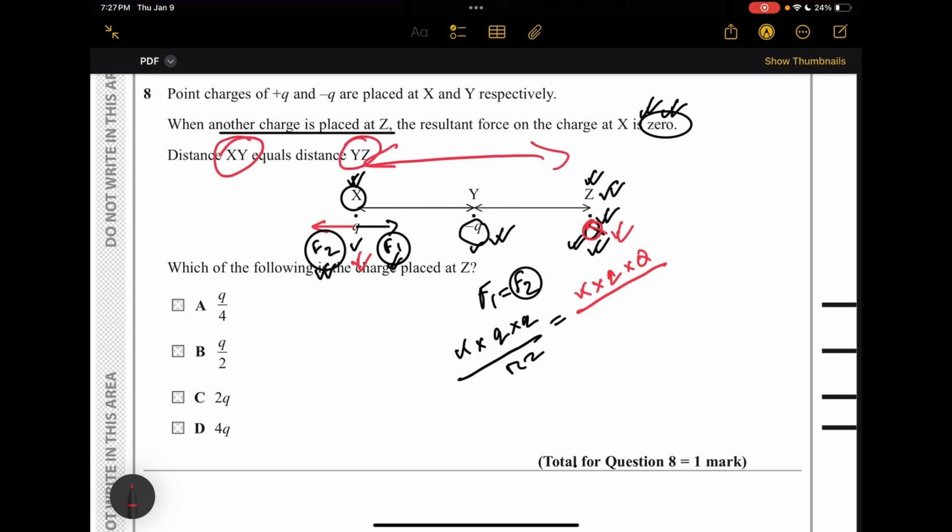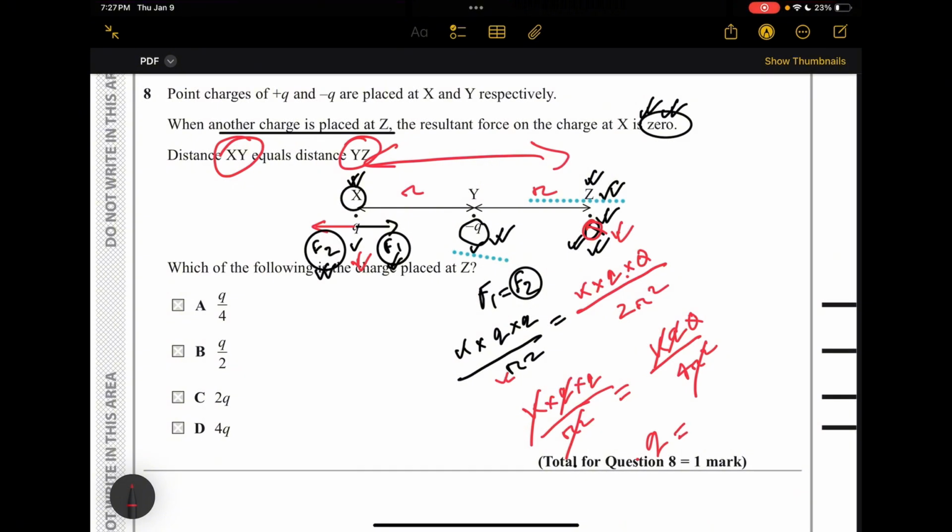They have said xy is equal to yz. So if we say this is r, then it will become 2r. So it is 2r squared. So now we can write kq divided by r squared is equal to k into q into Q divided by 4r squared. Now if we remove this k, these r squared, this q and this q, we will be left with q is equal to charge divided by 4. So this charge is equal to 4q. So our correct answer will be this D.